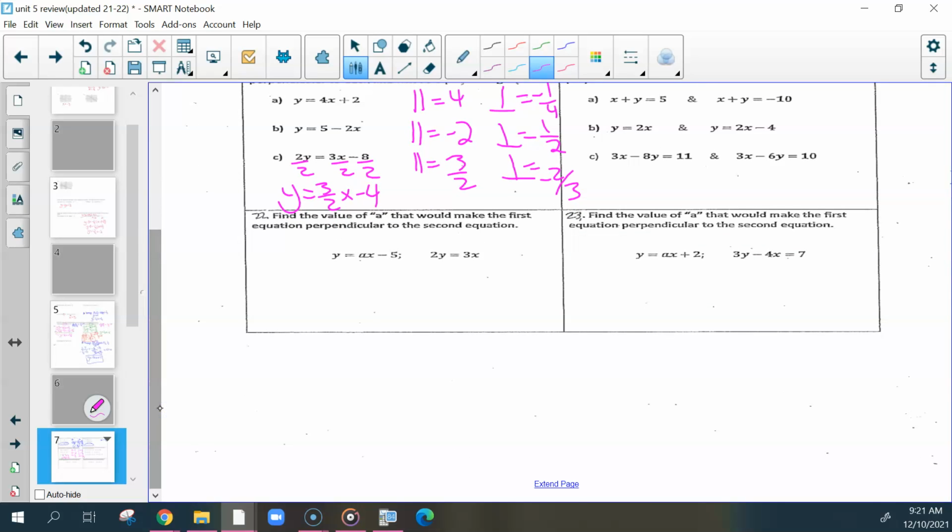So for 22, it says find the value of A that would make the first equation perpendicular to the second. So that means we first need to solve the second, to divide everything by 2.